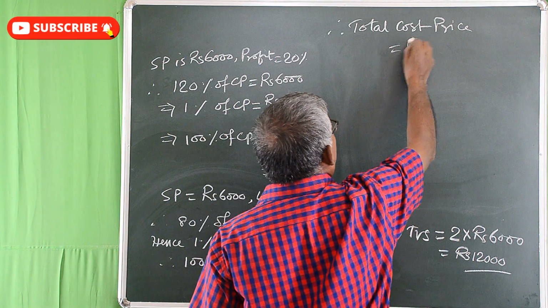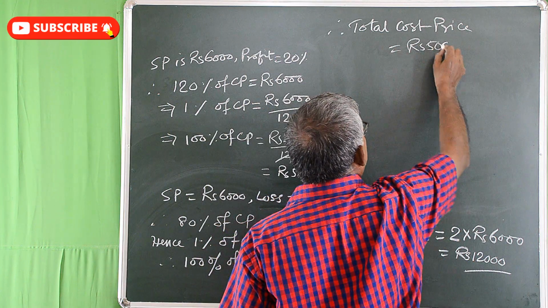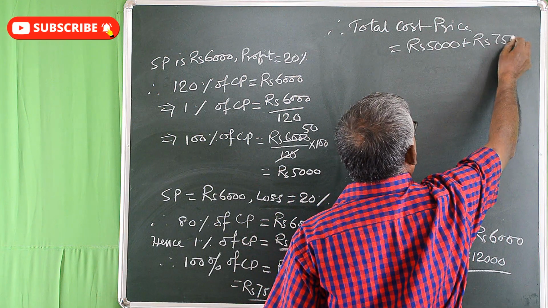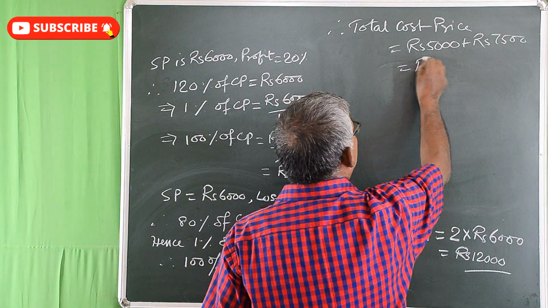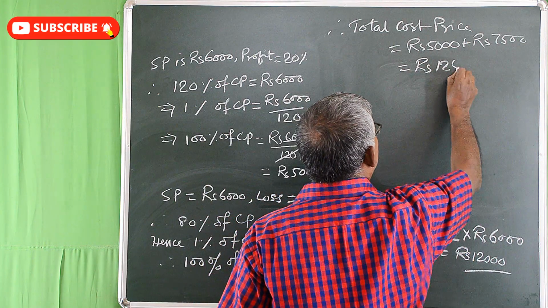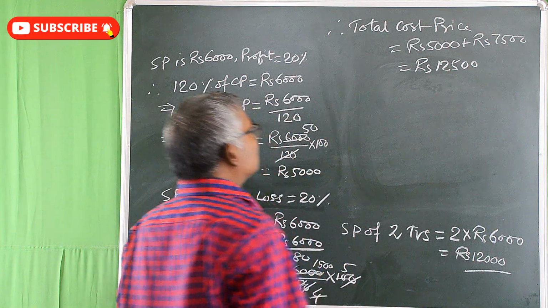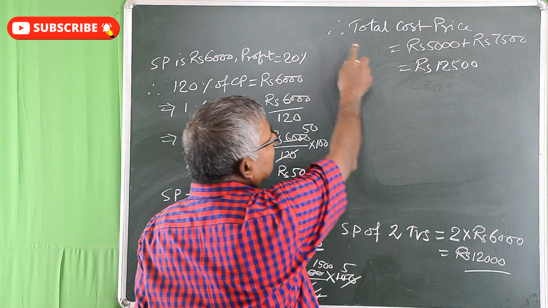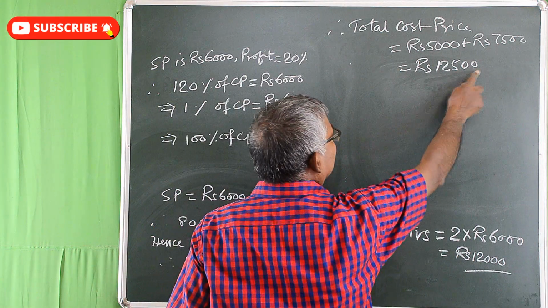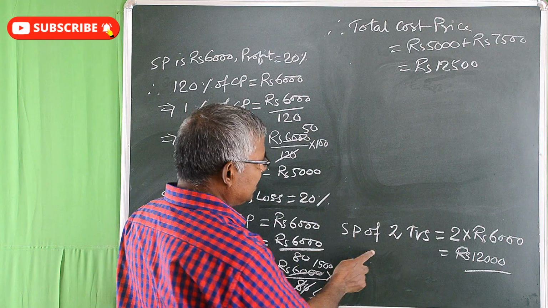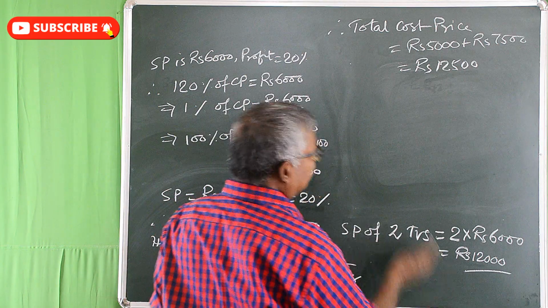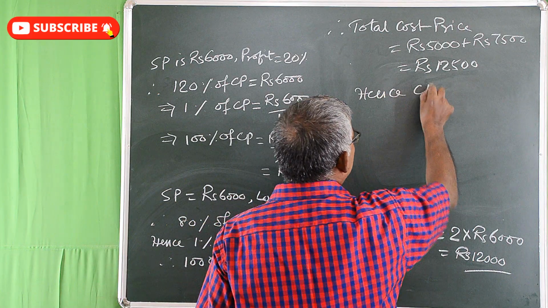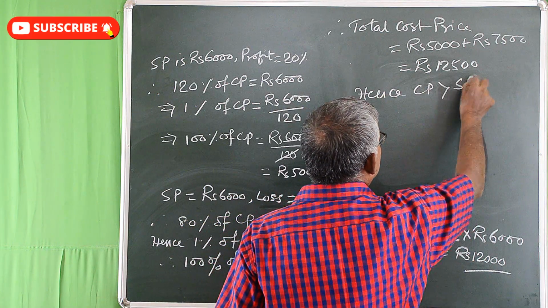Therefore, total cost price equal to rupees 5,000 plus rupees 7,500 equals to rupees 12,500. Students, here see, total cost price of the two TVs is 12,500 and the selling price is 12,000. Hence, CP greater than SP.